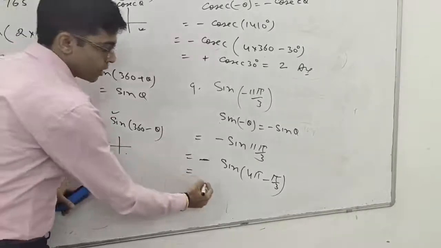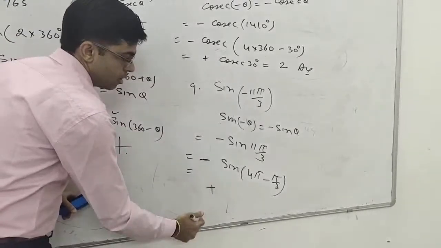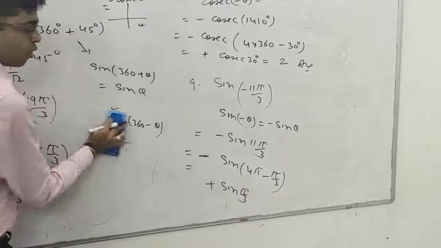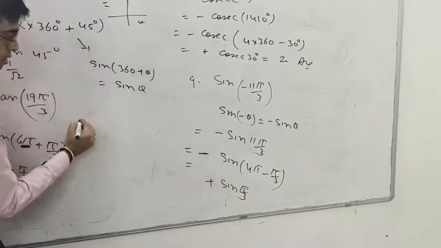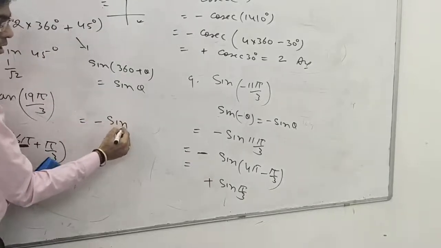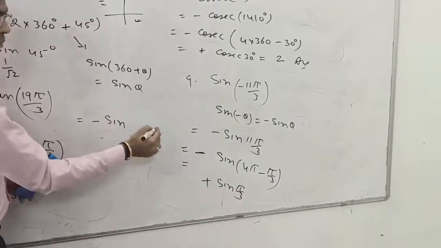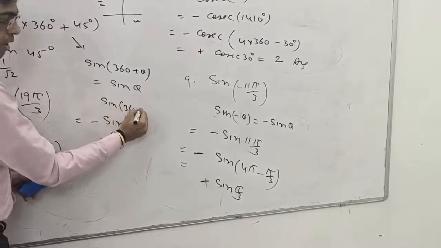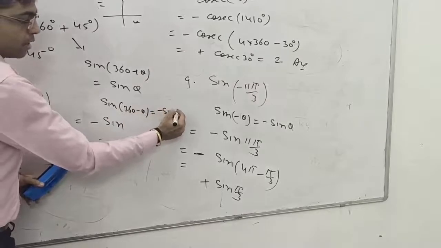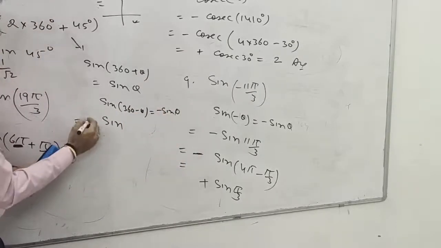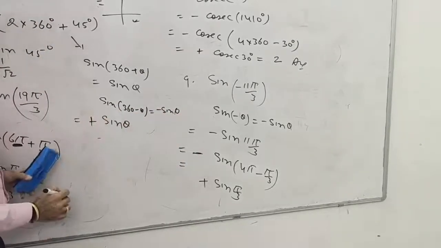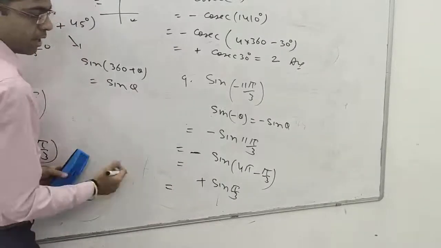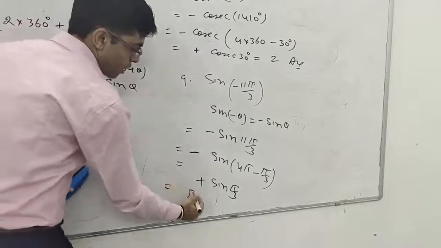Cos and sec is positive. So we can write this as minus sin 360 minus theta is minus sin theta. Here is minus, so minus becomes plus. Okay, so this is sin pi by 3, and sin pi by 3 is sin 60, root 3 upon 2.